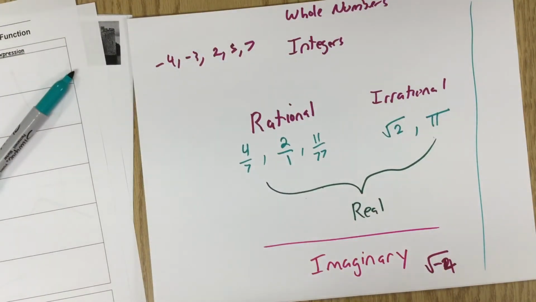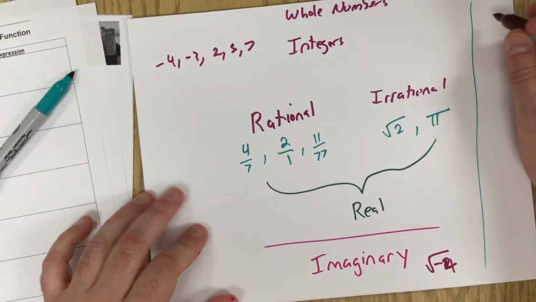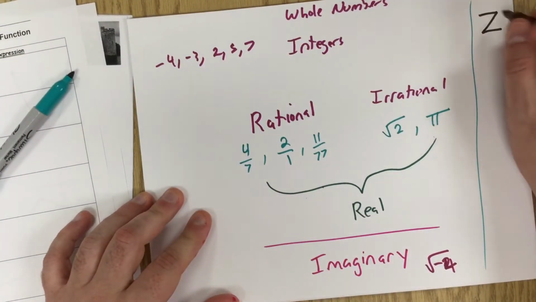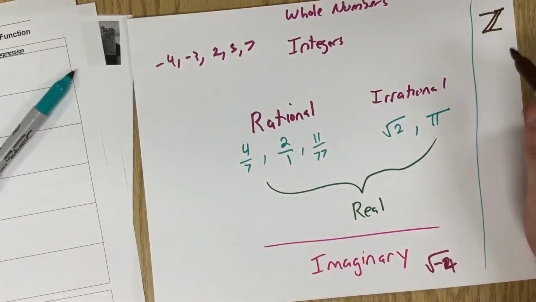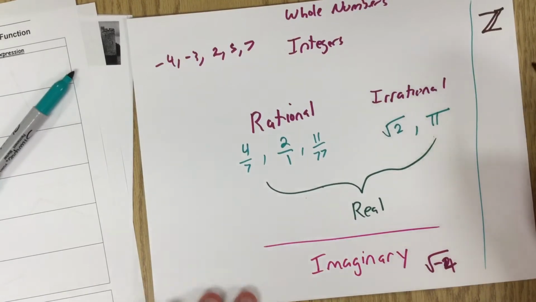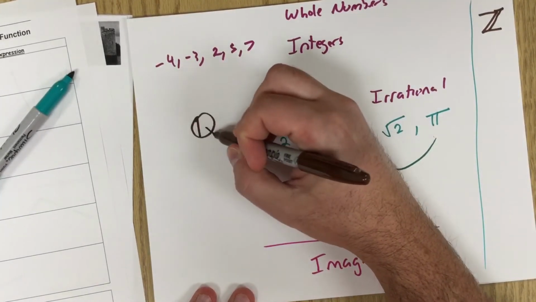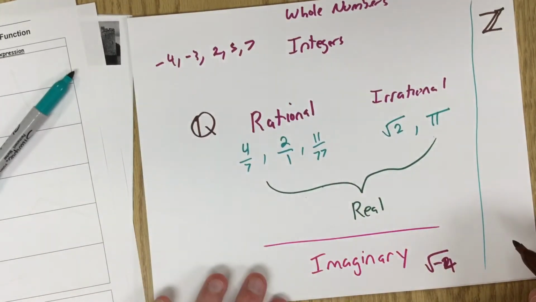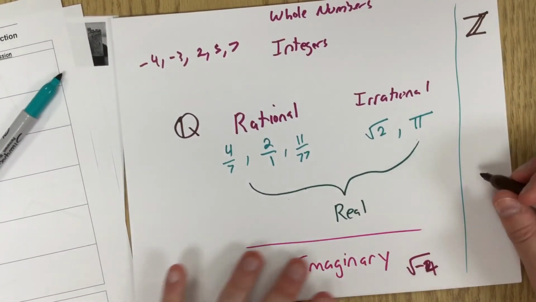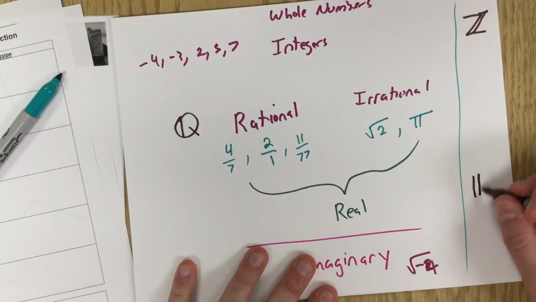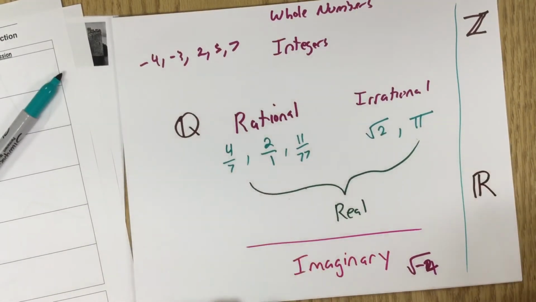The way we show it is we use these kind of double lines to show that it's a set of numbers. So integers is Z, and rational is Q, with that extra line in there. And the symbol for real numbers is this R with a double line in front.